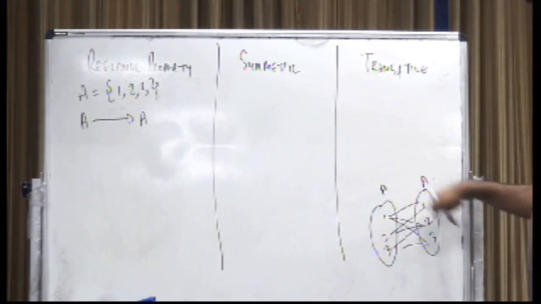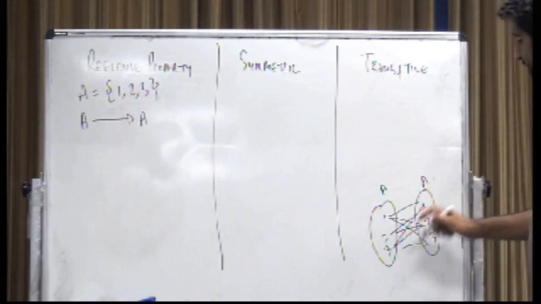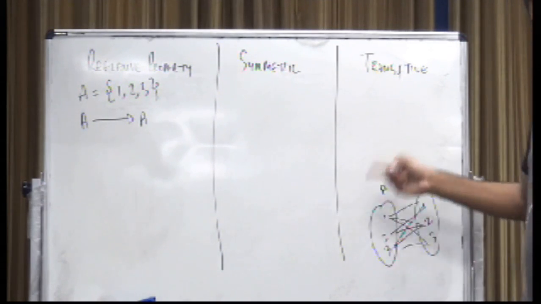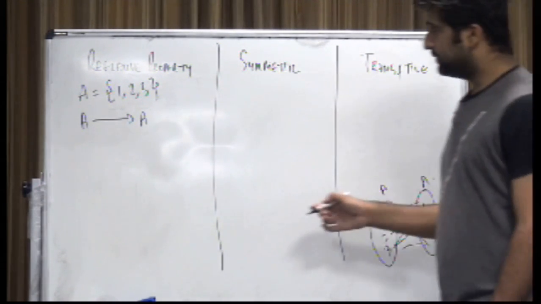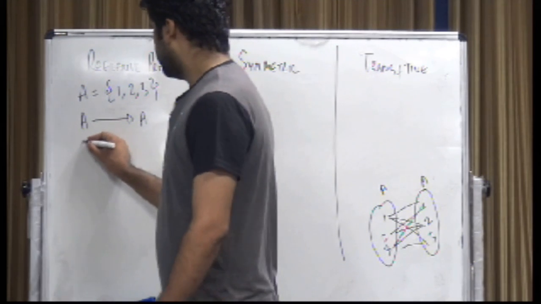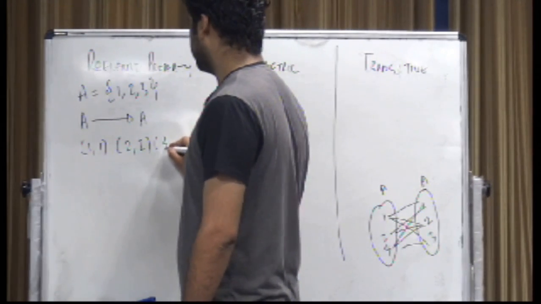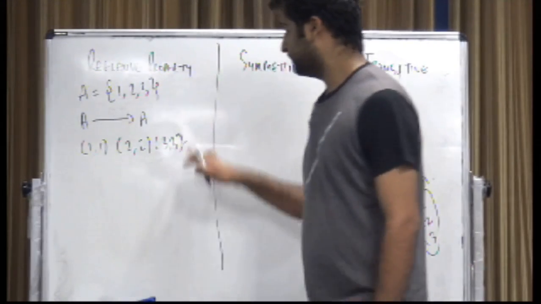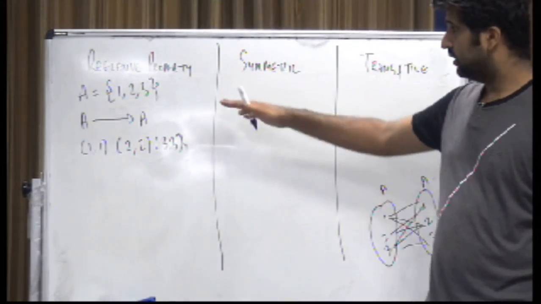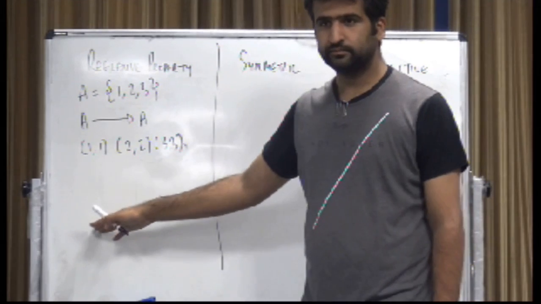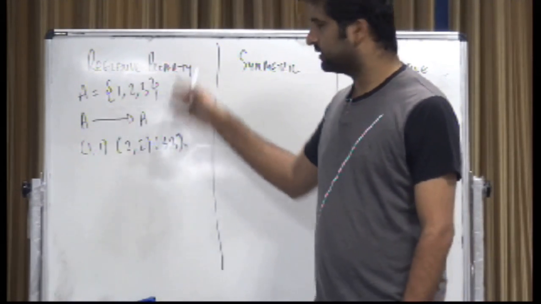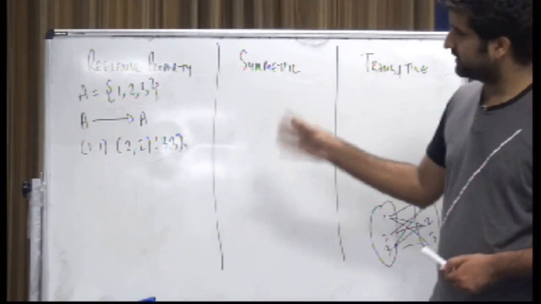This will be the Cartesian product where all the elements are linked with every element of the other A. If I get all the elements like (1,1), (2,2) and (3,3) in my relation, then it satisfies the reflexive property.